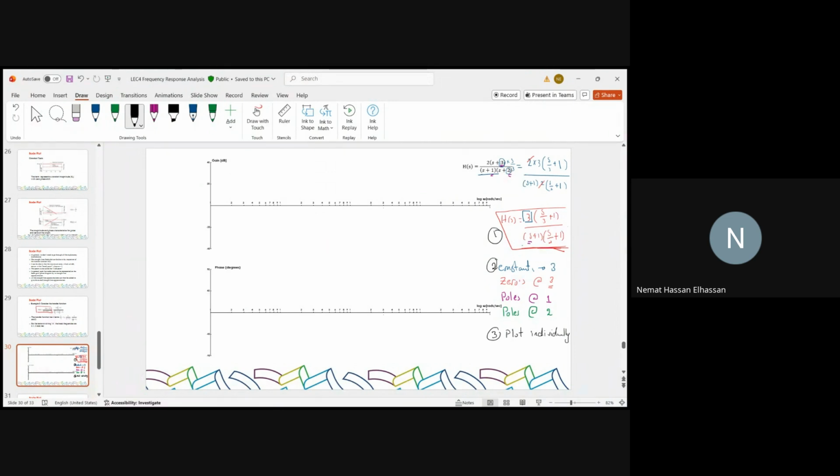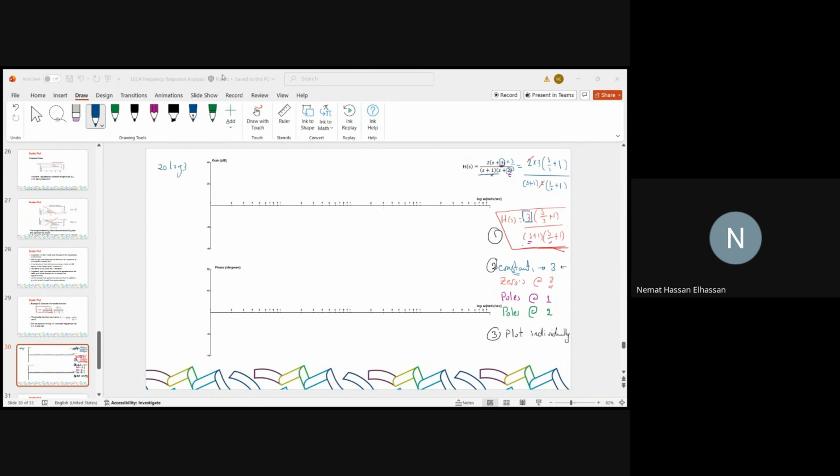So if I'm to plot individually, I'll start with the constant. And the way you plot a constant is that you will find 20 log the constant. So if I want to plot 3, I'm going to find what is 20 times log 3, and then I'm going to evaluate it.